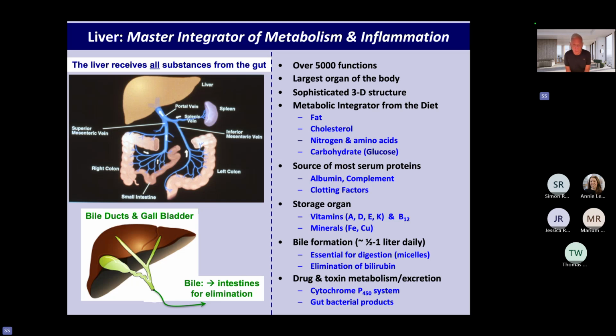And last but certainly not least, the liver is responsible for the metabolism and excretion of drugs and toxins, most prominently via the cytochrome P450 system. It also is the recipient and eliminator of bacterial products that undergo absorption in the gut.